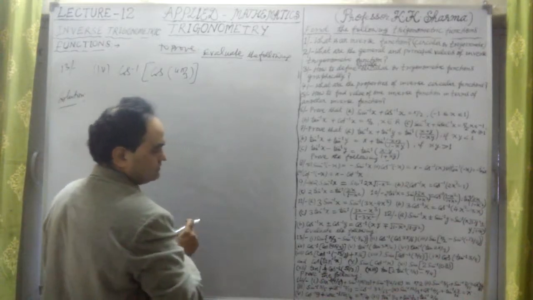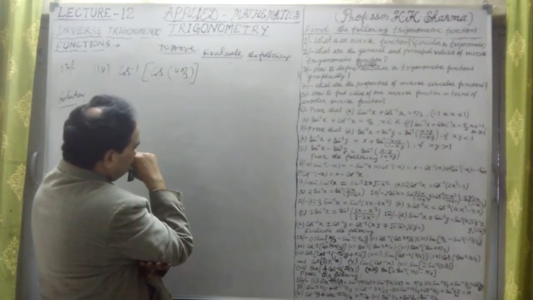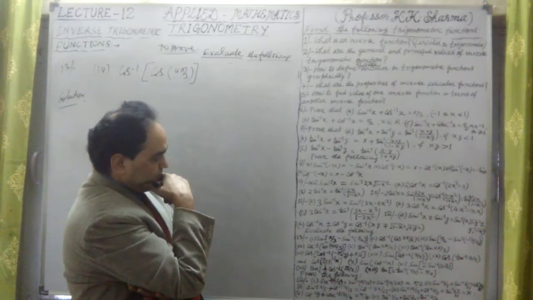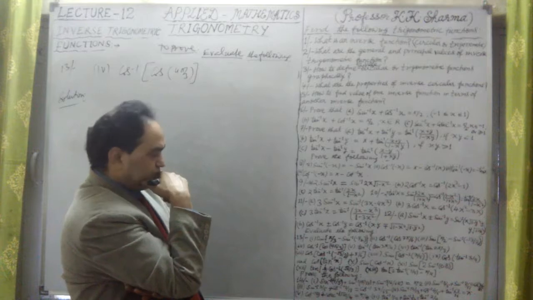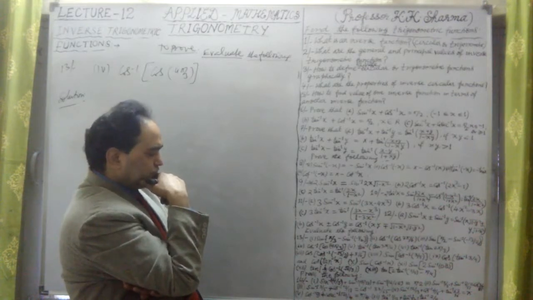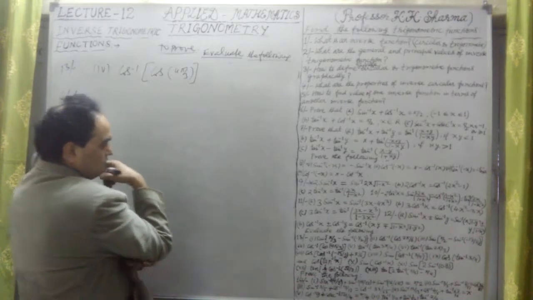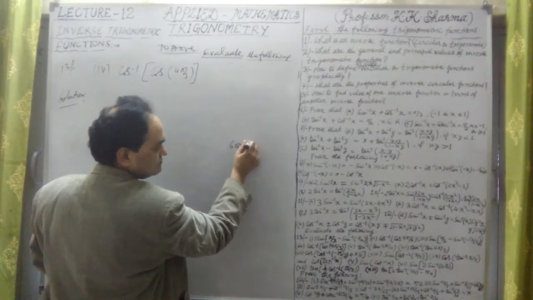If I write pi minus pi by 3, it is 4 pi by 3, no problem. 60 degree into 4 is 240 degree.